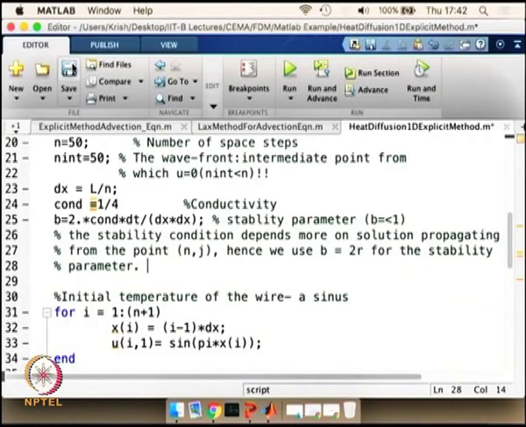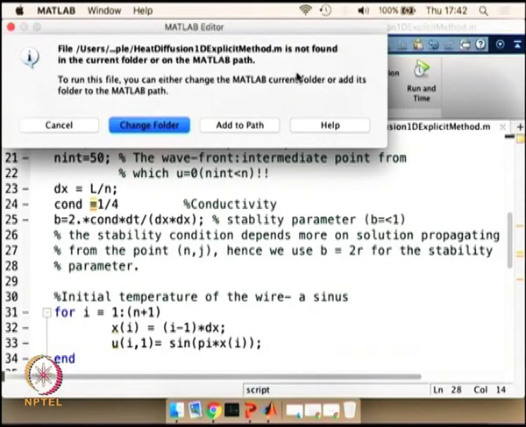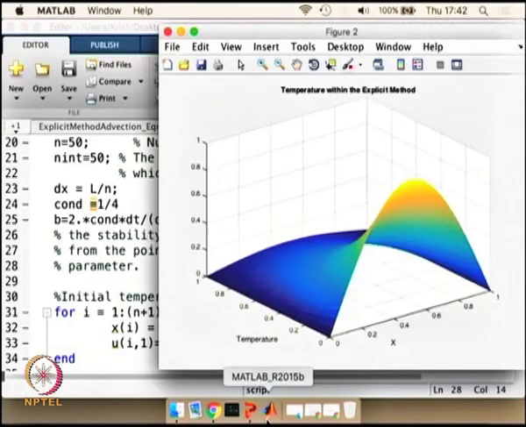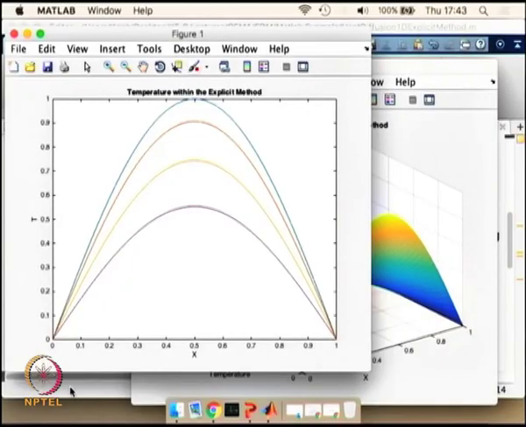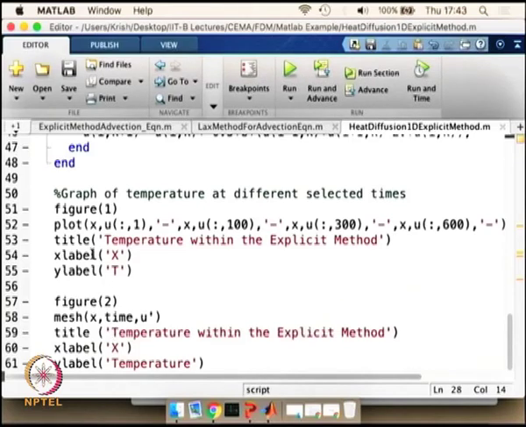So with this background, we are going to simulate this particular problem and see what is going to happen. Later on we can manually set the value of b at different limit and see what is happening. For now, let's run the code. So we are running the code now, and we are going to see what's going to happen. So what we are plotting here is the value of the temperature at different selected times.